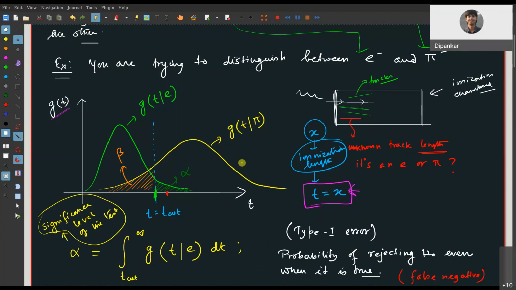Now, in practice, we basically measure many different properties. For example, in addition to the ionization length, you also measure the energy deposited in the chamber. So then you will have a two-dimensional plot.